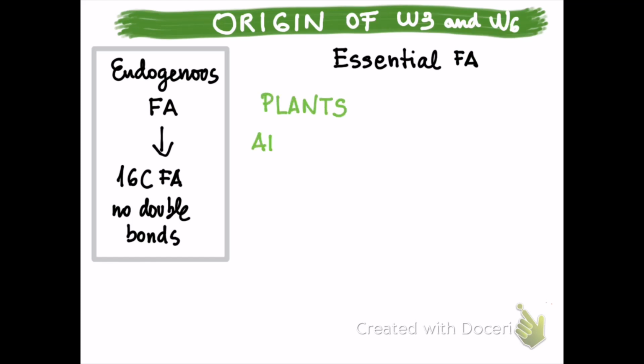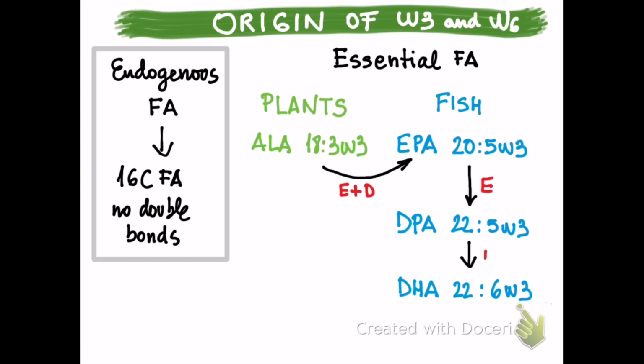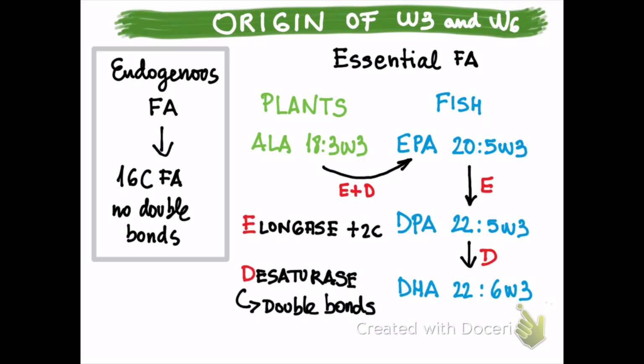Essential fatty acids come from plants: alpha-linolenic acid, 18 carbons and 3 double bonds, omega-3, and from fish, polyunsaturated fatty acids, omega-3, of longer chain, 20 or 22 carbons. To convert saturated fatty acids into polyunsaturated fatty acids, our body has enzymes called elongases, which increase the length of the fatty acid chain, and desaturases, which include more double bonds.